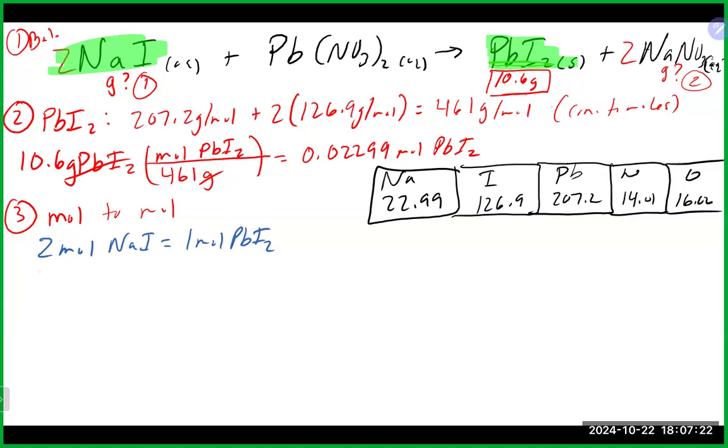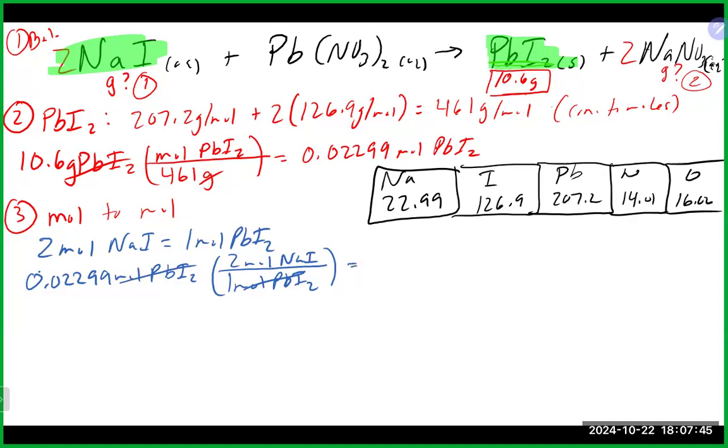So if I do that there, I'll take my number from above, 0.02299 moles of PbI2. Opposites canceling, so we're going to go with 1 mole PbI2 on the bottom, 2 moles of NaI up on top. The moles of the PbI2 will cancel.